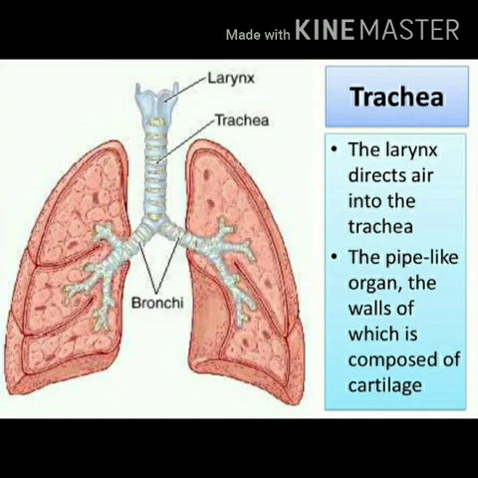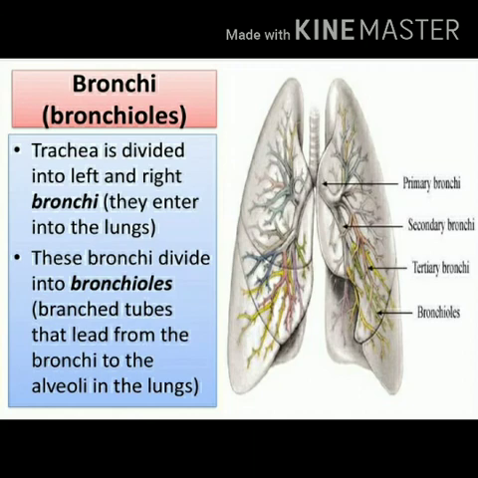The trachea is divided into one left and one right bronchus. Now these both enter into the two lungs, one left lung and one right lung.